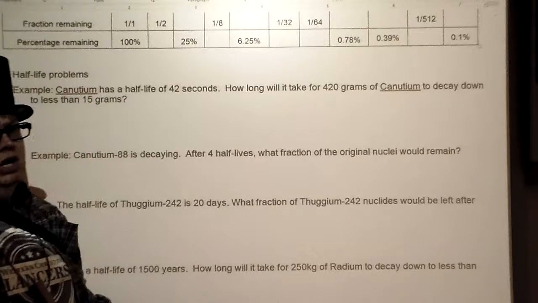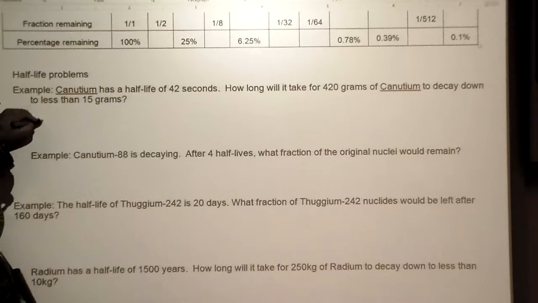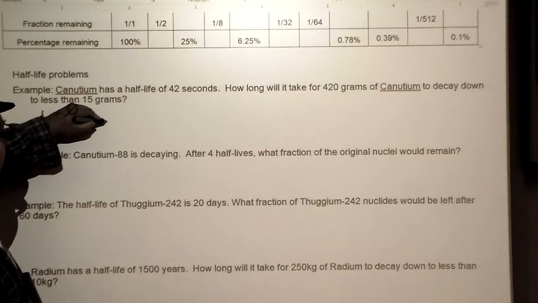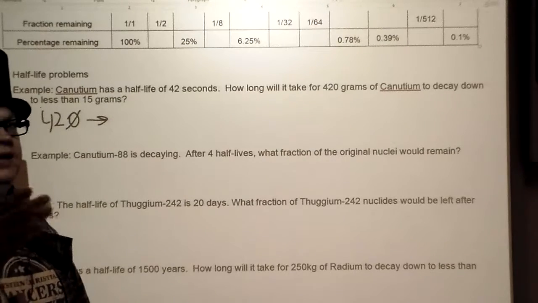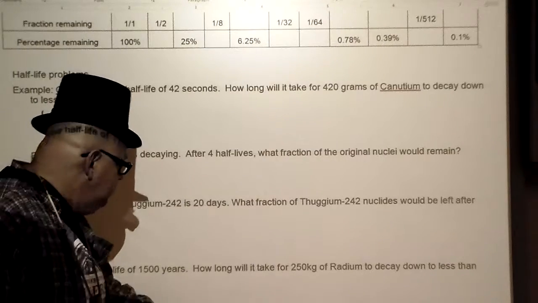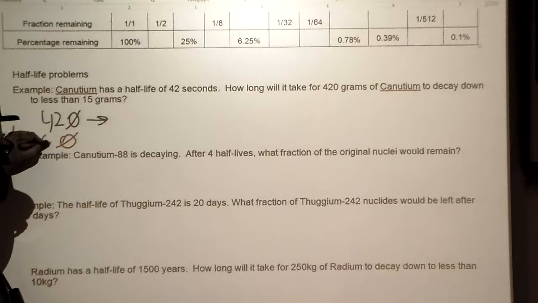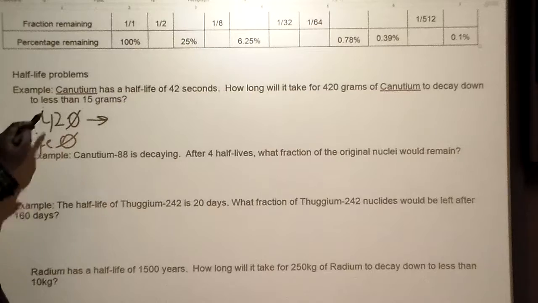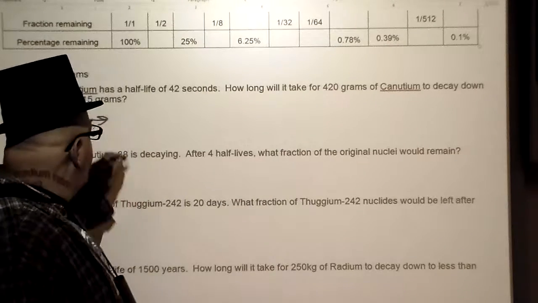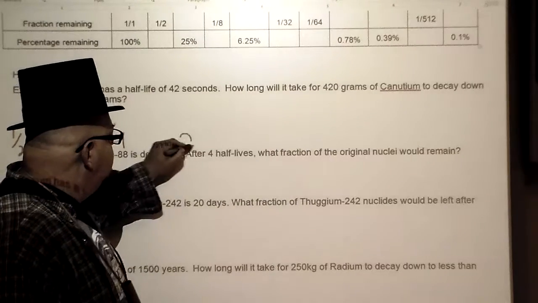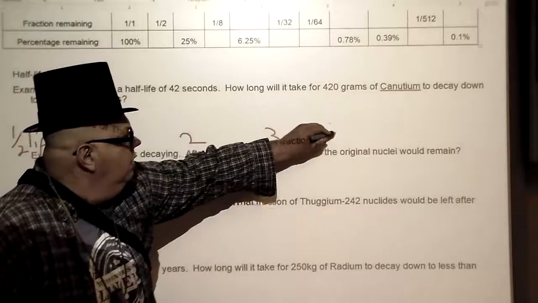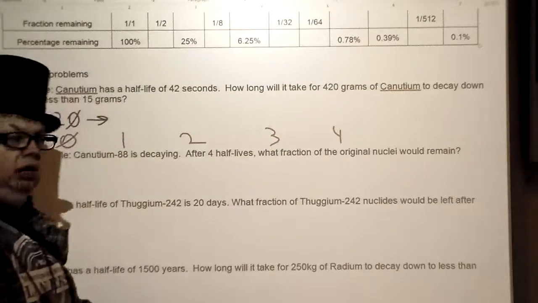So really what we need to look at is, if we go from 420, what's half of 420? Because that's our first half-life. This is a half-life of 0. So at a half-life of 0, we're at 420. At a half-life of 1, 2, 3, 4, let's see how far we can go with it.